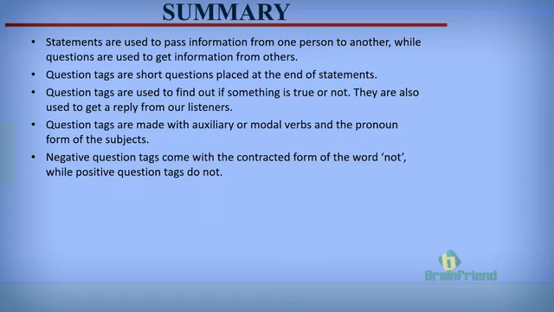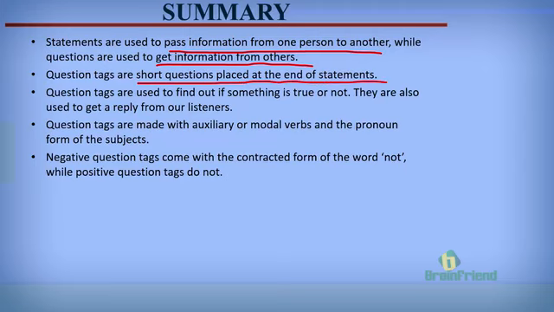Before we go into our test section, let's look at the summary of this lesson. Today we learned that statements are used to pass information from one person to another, while questions are used to get information from others. We also learned today that question tags are short questions placed at the end of statements.